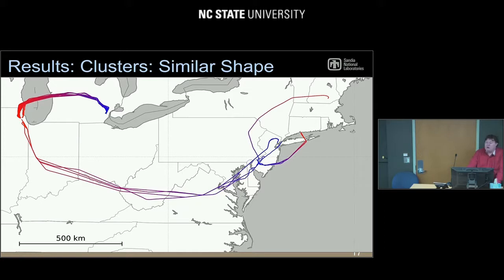So, clustering by shape using the distance geometry measure I told you about. This is one cluster. Blue is the start, red is the end. You'll see that these are all kind of shallow C shaped. You can see the same trajectories at different scales.